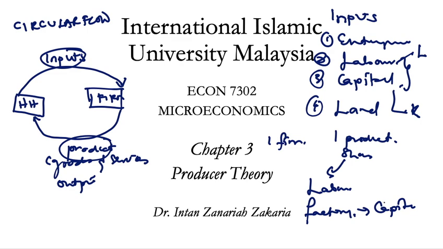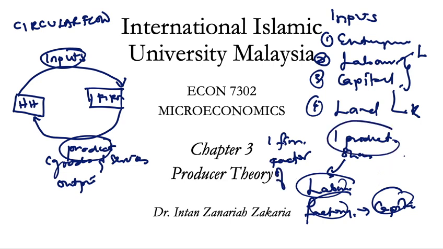So if the firm produces a single product from many inputs, as you can see, we have many inputs here, not just one input to be used. Another term here is factor of production, to be used to produce this one product. So we can say that this firm is producing one product using many inputs. So we combine all of these inputs into one kind of method prescribed in a production function so that this can produce output.